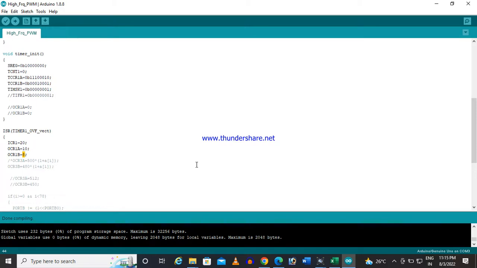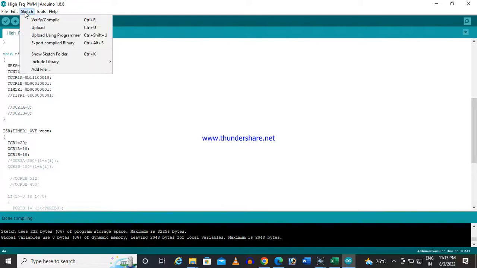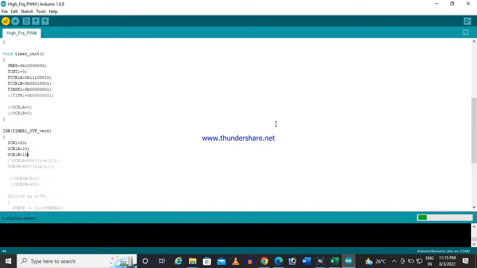You see, in the ICR register I have given the value 20, and for the two channels I am giving a 50% duty cycle, which is 10. Let us see what PWM we get. As per the calculation, it should give 400 kilohertz, which means a time period of 2.5 microseconds. So we emulate that and check it.